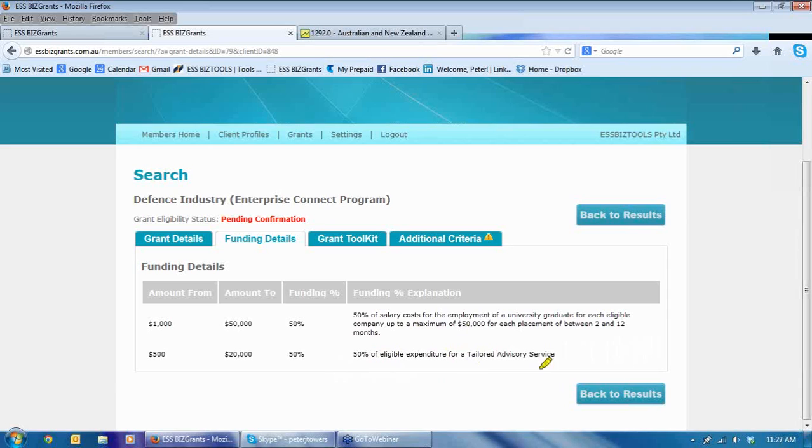The other part of Enterprise Connect is the tailored advisory service. This is a grant of up to $20,000 on a 50% basis that basically enables a company to undertake any sort of work which will improve the business's performance.